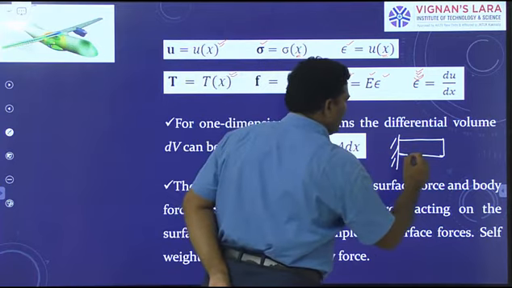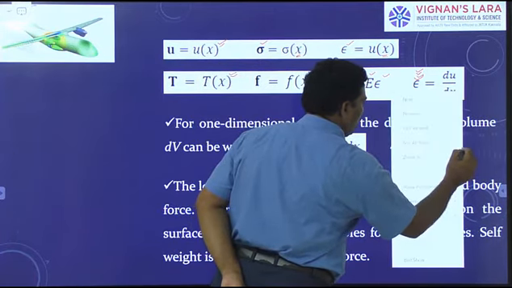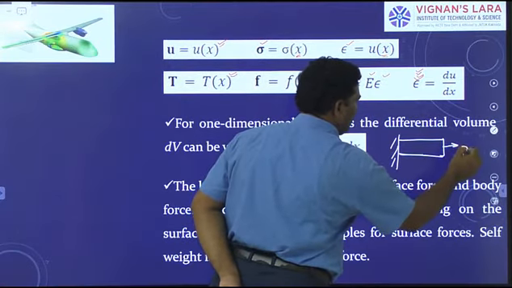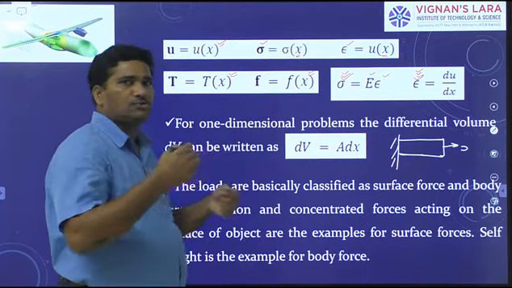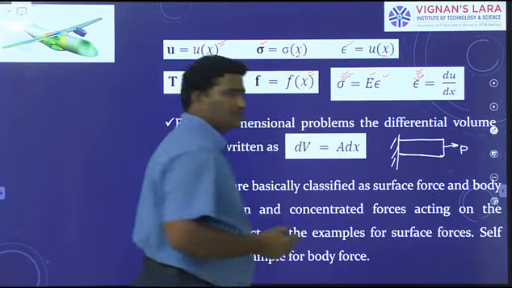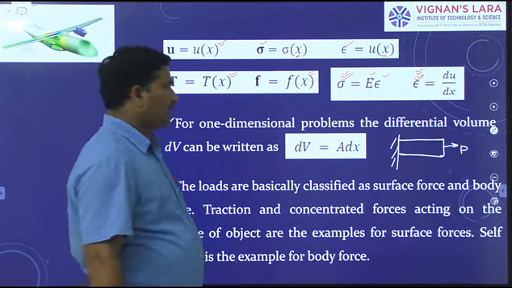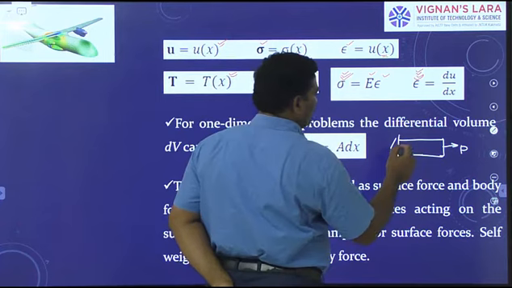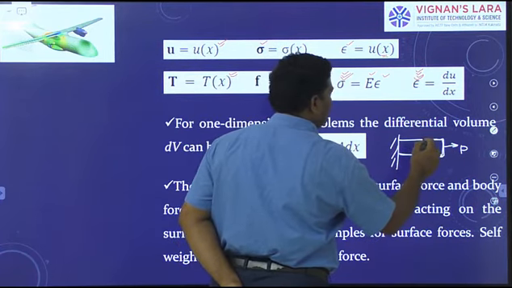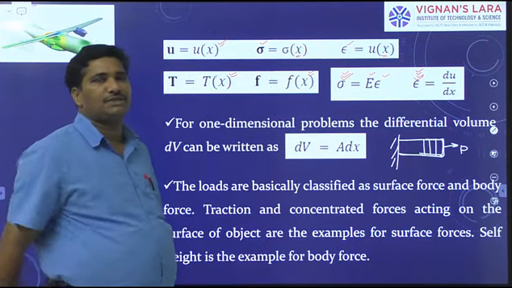It is an axially loaded bar because it is subjected to a pull P. A force P is acting. The tendency of this force is to produce elongation in this bar. Right? Now, we see the cross section of this bar. The cross section of this bar is same everywhere. It is a bar of uniform cross section therefore.